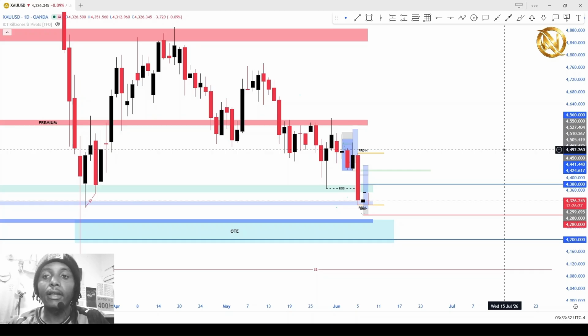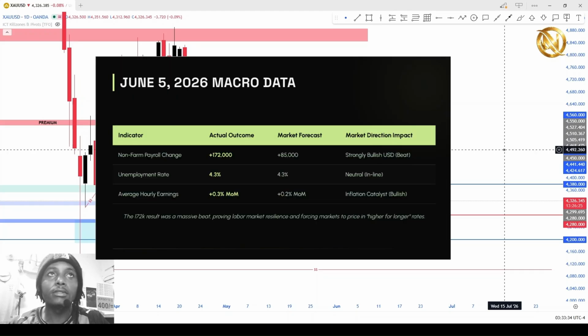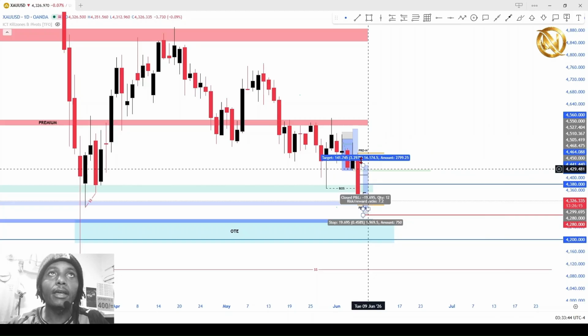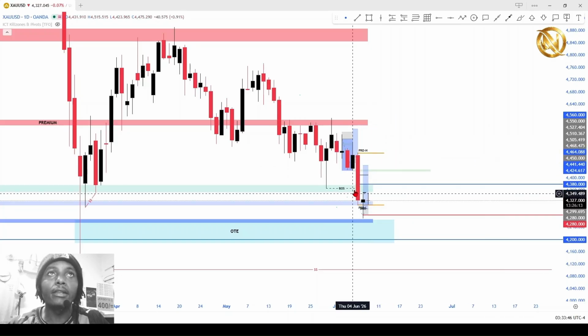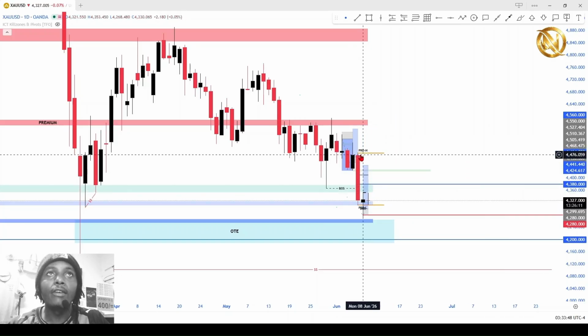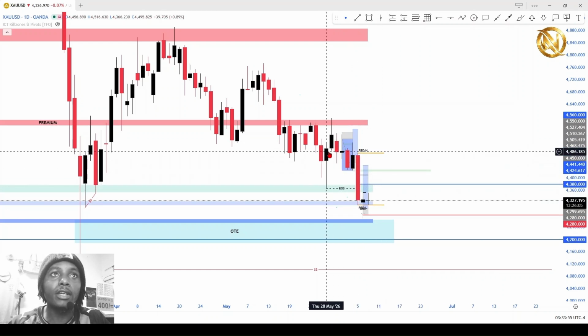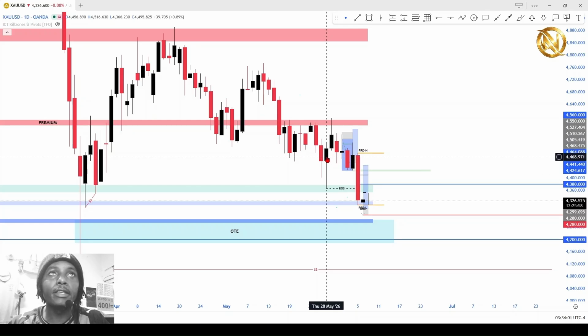Based on the news that came out, we had a positive outcome that gave the dollar strength, and that's why we had this down candle. As you can see, it is a form of engulfing candle to the downside. So we had this break of structure. We broke last week's Thursday's low.